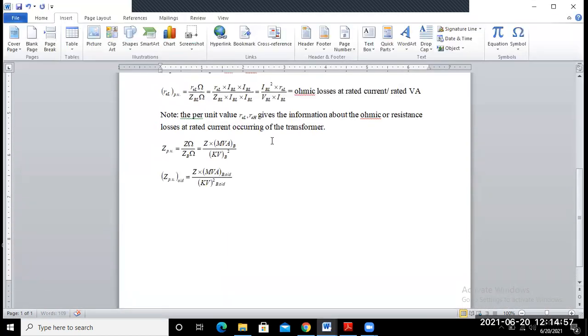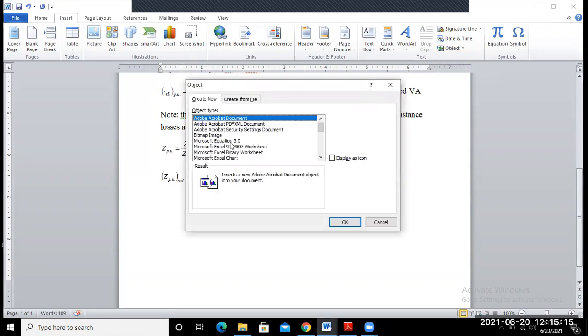Similarly, we can write the per unit impedance value in per unit for new. That means Z per unit new.